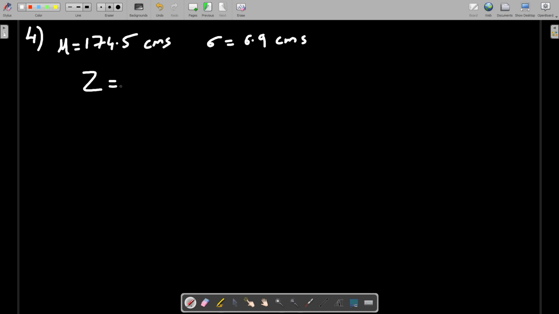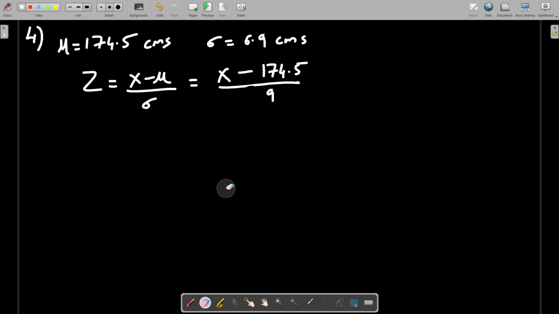Okay, z will be equal to x minus mu upon sigma. So that will be x minus 174.5 divided by 6.9.